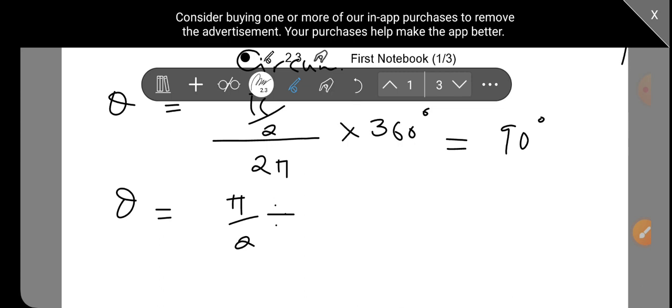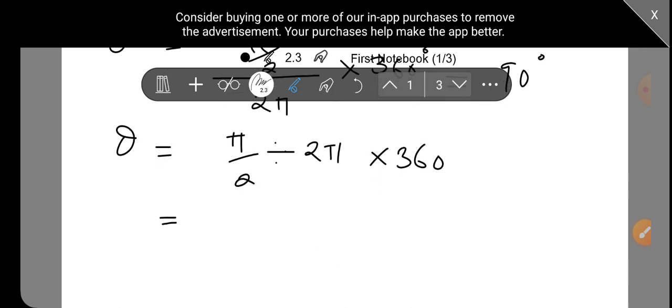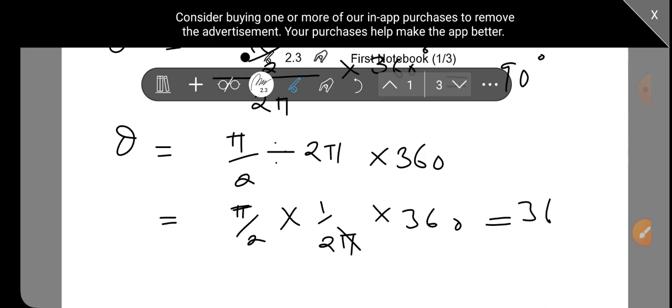So we can change this into this symbol, divided by 2 pi times 360, but I know that this is the same as pi by 2. That changes to multiplication, becomes 1 over 2 pi times 360. This and this cancel. 2 times 2, 4. Then it becomes 360 divided by 4, which is 90.